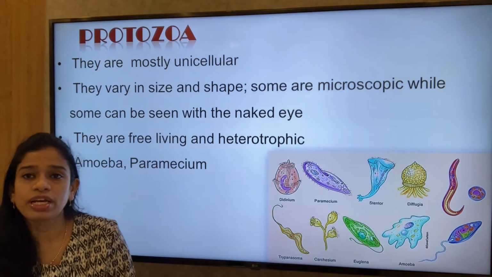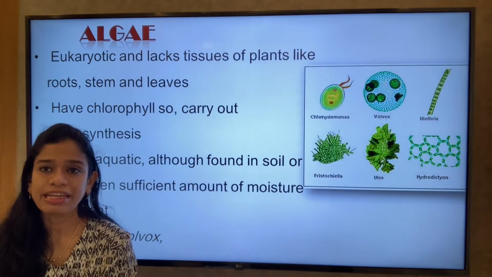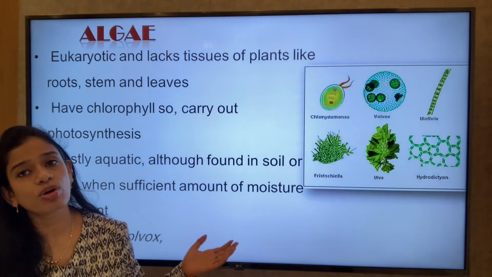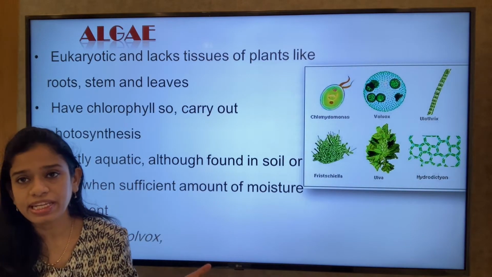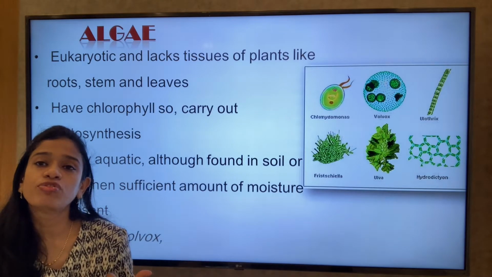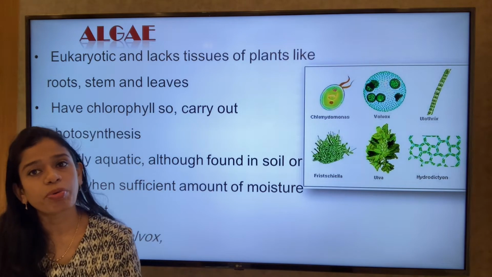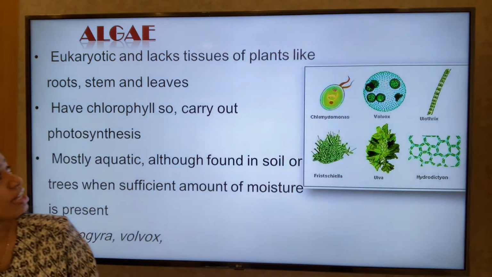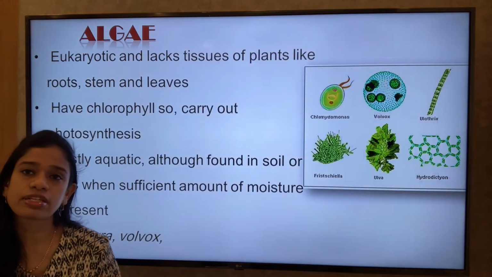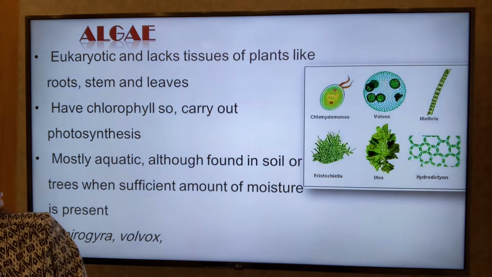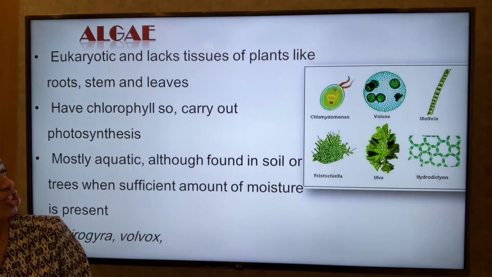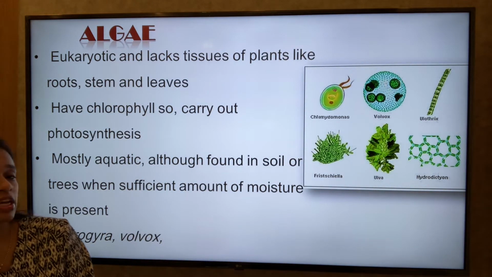Let's move on to the next microorganism, that is algae. I told you this is the only microorganism which is green in color, and so they are able to photosynthesize. So they are autotrophs, that is, they prepare their own food. Let's see the characteristics of the algae. They are eukaryotic and lack plant tissues like roots, stems and leaves.